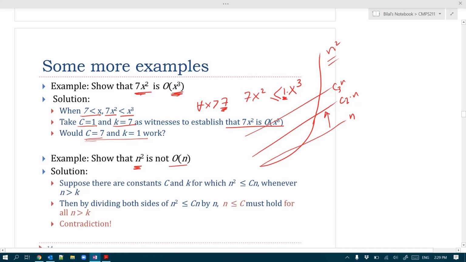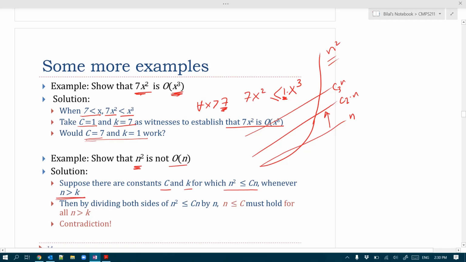Okay. And we have an elegant mathematical proof for this by contradiction. Suppose that there are constants c and k for which n squared is less than or equal to c times n whenever n is strictly greater than k.